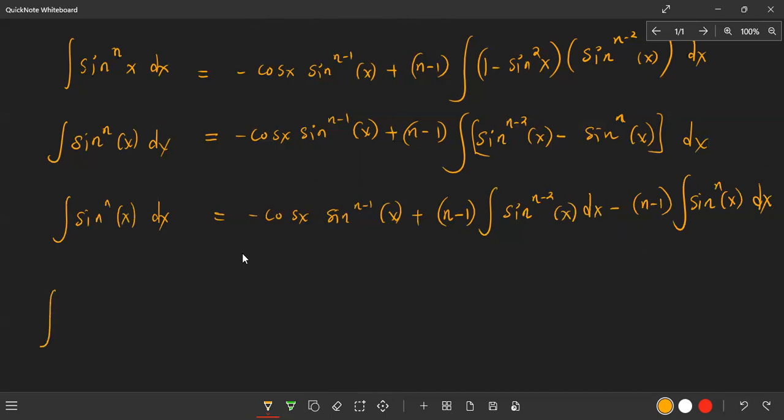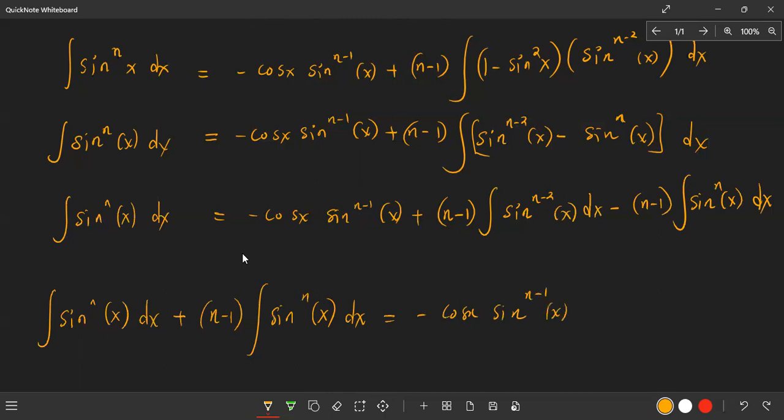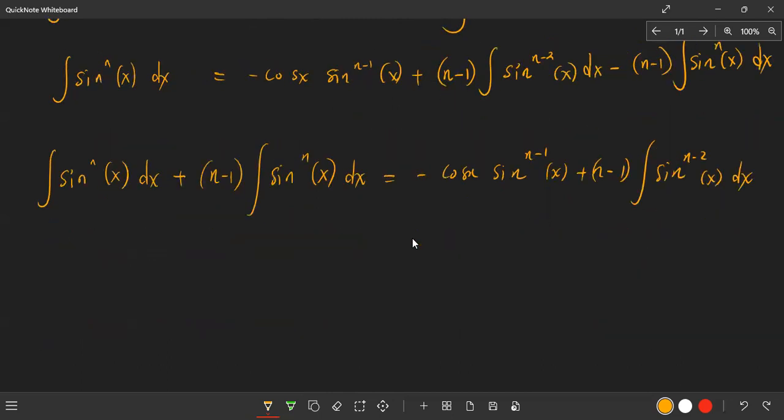So I'm going to have the integral of sine n x dx, plus, since this is negative, this side plus n minus 1 the integral of sine n x dx, and this side just minus the negative cos x sine n minus 1 x, and then plus n minus 1 the integral of sine n minus 2 x dx. Okay, so that's what I have.